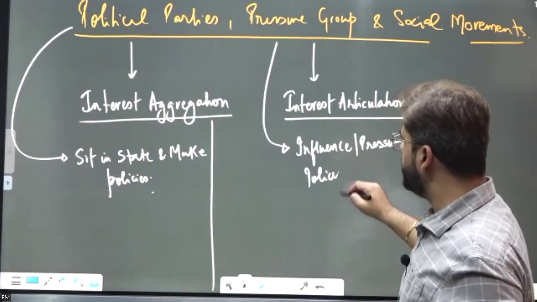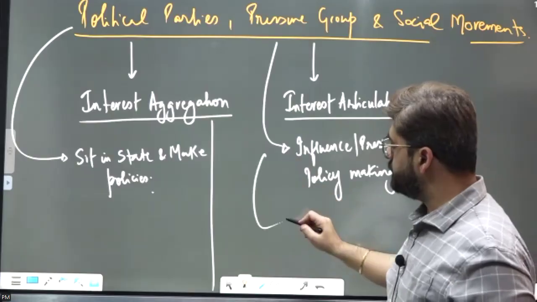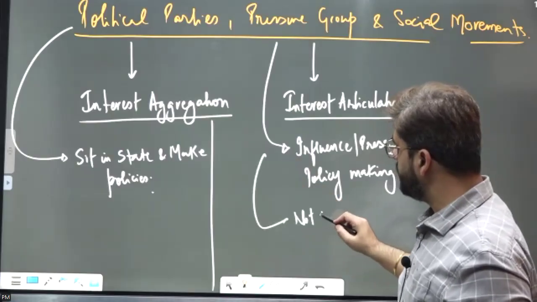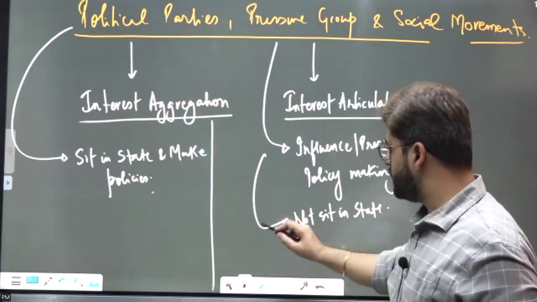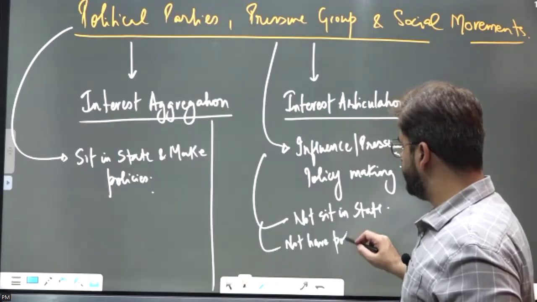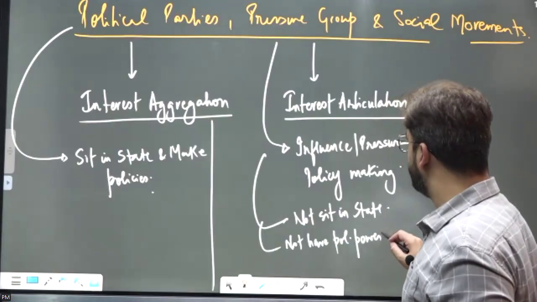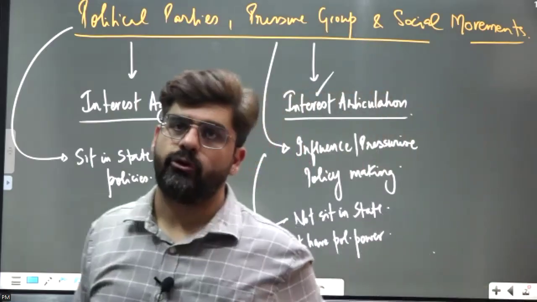They are not going to make the policy, they are going to influence it. They will not sit in state. Their task is not to have political power. Then what is their task? Their task is to ensure that their interest is getting fulfilled.